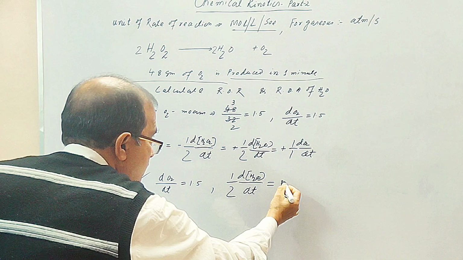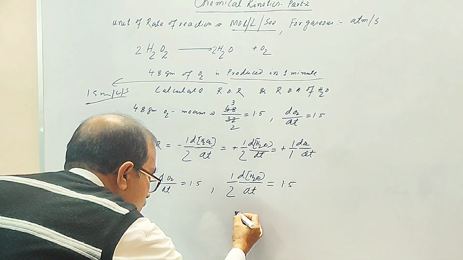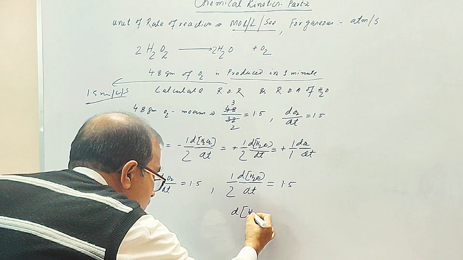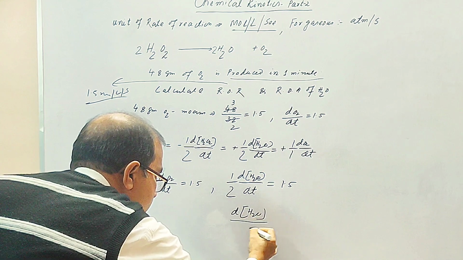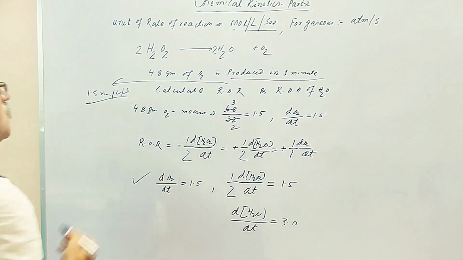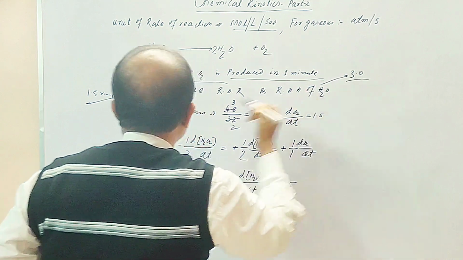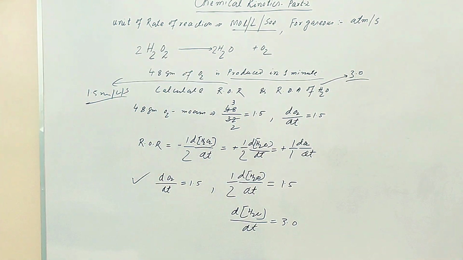It will be how much? 1.5. The rate of reaction is this, so we can calculate d H2O by dt is equal to 3. So we get this is 3, it is 1.5. Okay, this type of question will be asked, numericals will come and you have to solve it right away.